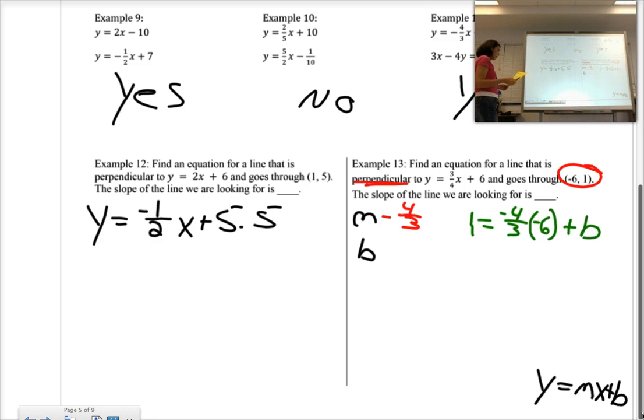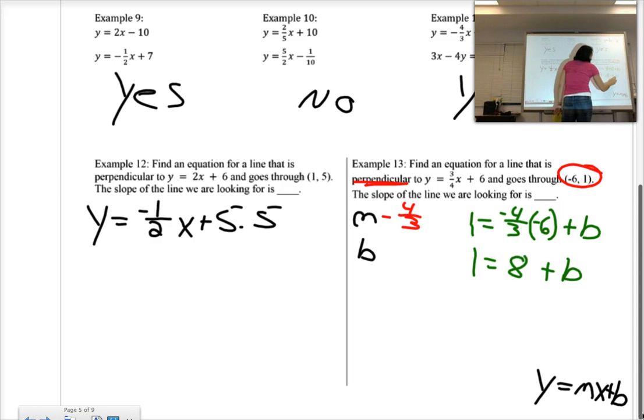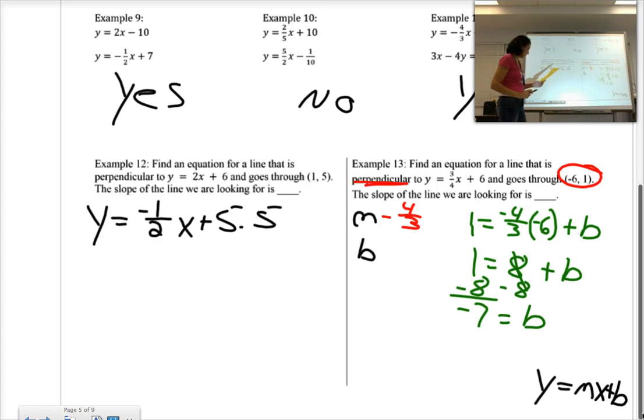So -4/3 times -6 is going to be 8. So we have 1 equals 8 plus b. You can just plug that into your calculator if you don't want to deal with the fractions, that's fine. And I'm going to now subtract 8 from both sides. So this is -7, that goes away. So I have b equals -7. I'm going to write that right here, -7.